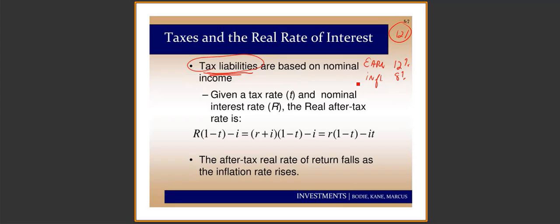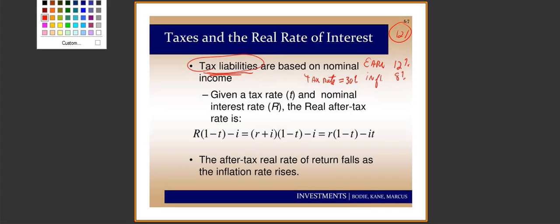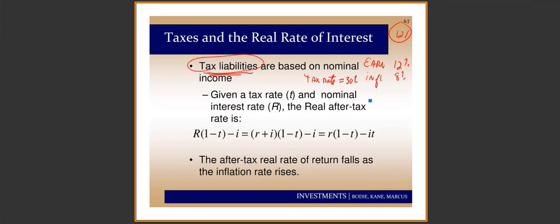And the tax rate is 30%. All right? So let's assume then again that we earned a 12% rate of return. Here's our 12% rate. Our government, our partner, because the tax rate is 30%, gets 30% of that. So we only get to keep 1 minus 30% of that, which is 70%.